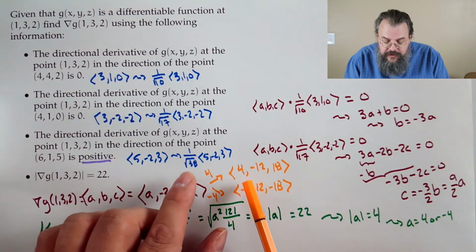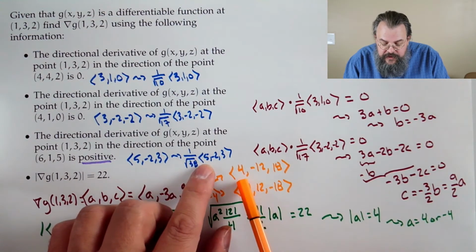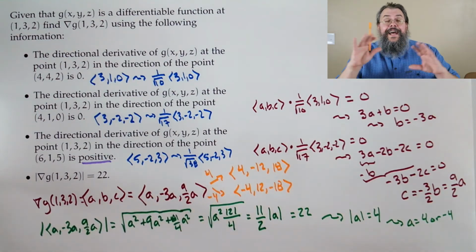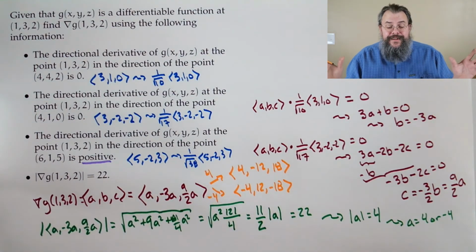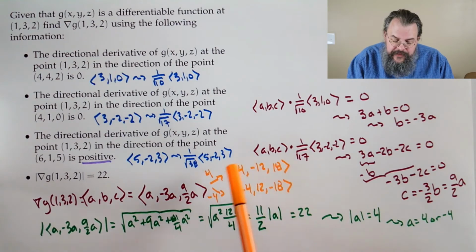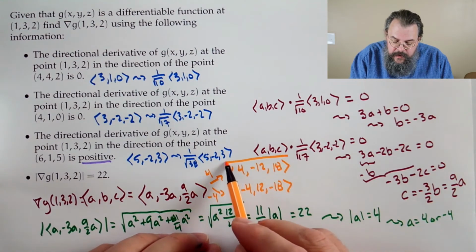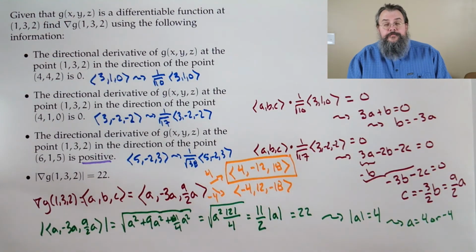Whereas if I use this vector, +20, +24, +54, everything's positive. And therefore, that is going to give me a positive directional derivative, which is what we need. So we know that this one is the answer.